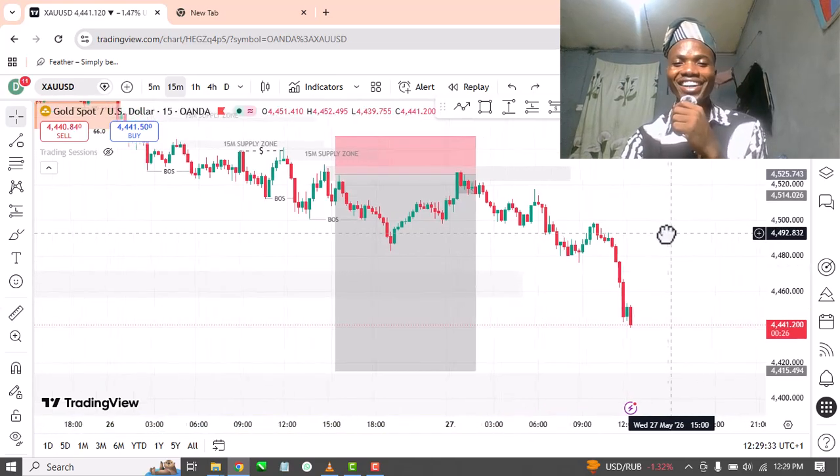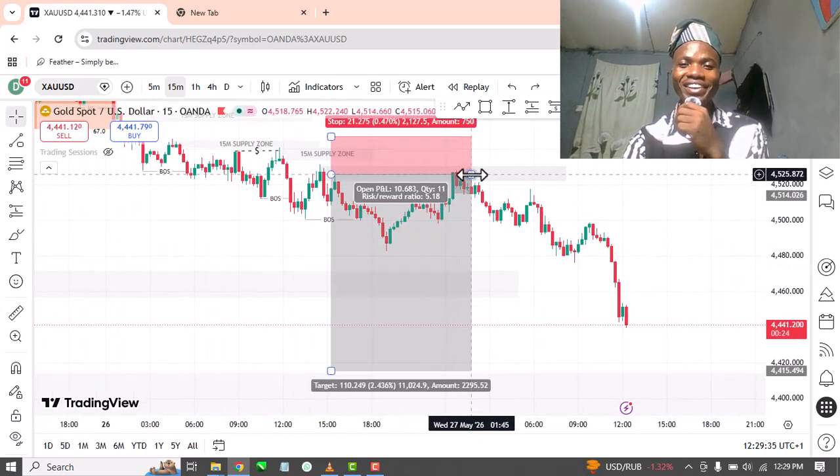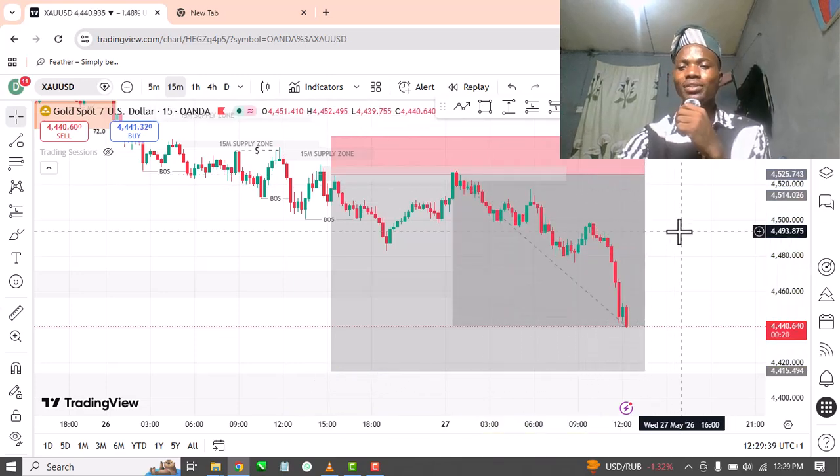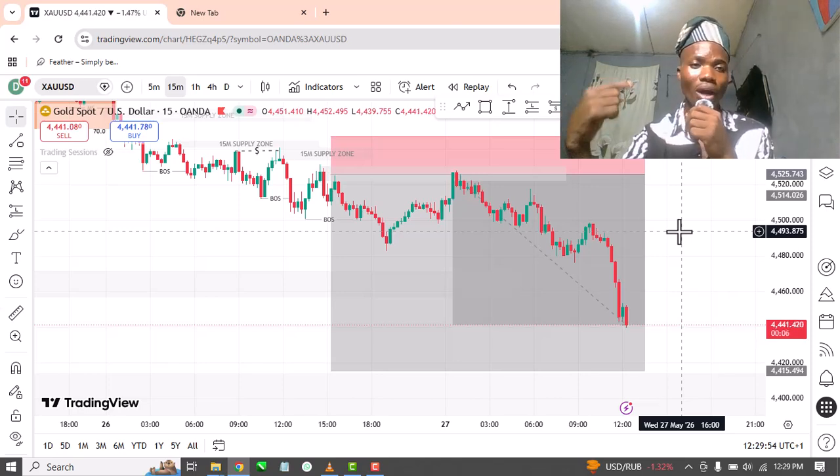Without much talk, you can see that I'm already rocking this gold trading strategy, and this is 12:30 right now. In about 30 minutes to 1 hour will be around New York session and the overlap session. What do you think is going to happen then?